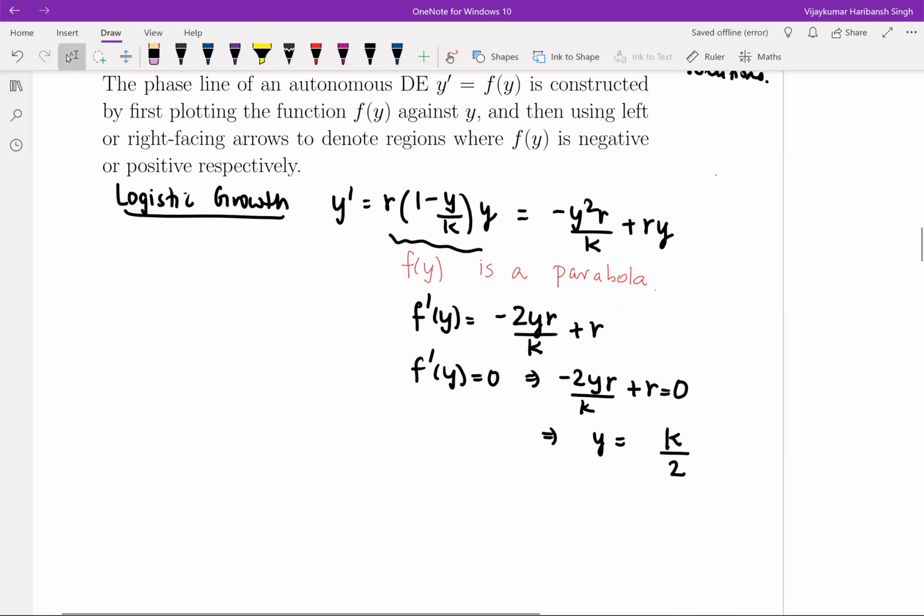And f of k by 2, when you substitute k by 2 in this equation here, is going to be rk by 4.